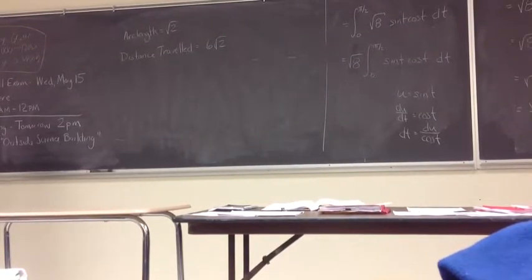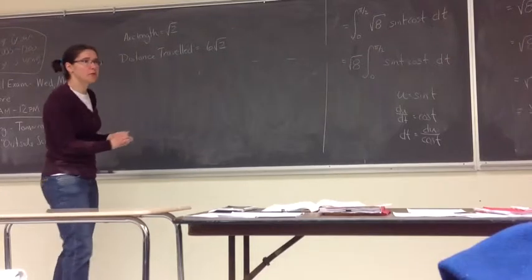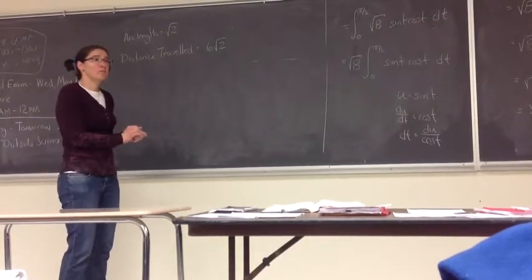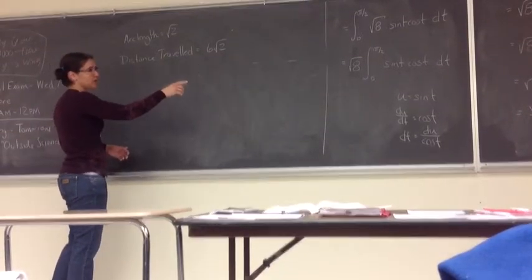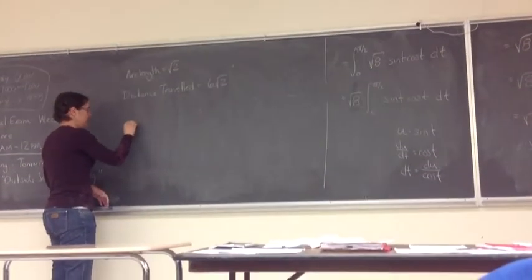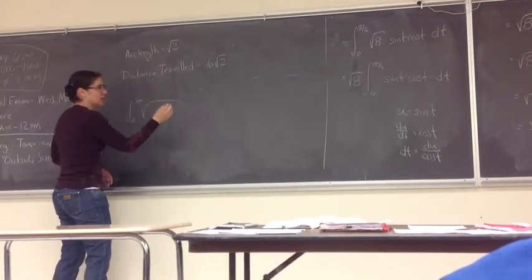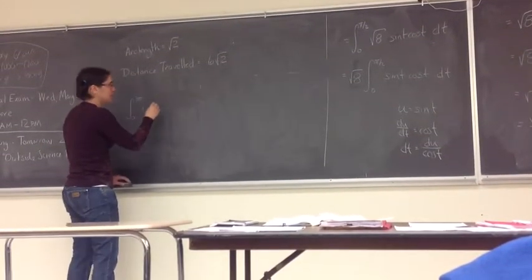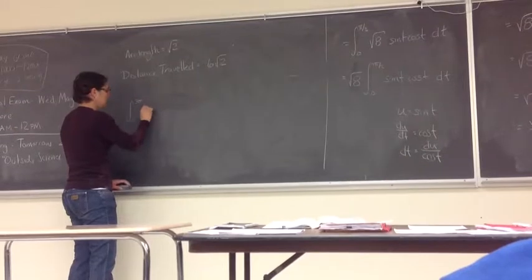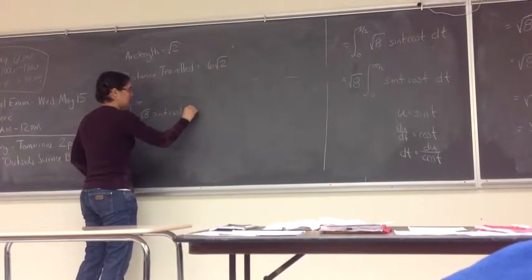Okay? So would you get a different answer if your integral went from 0 to 3 pi? So if we went from 0 to 3 pi, isn't that the initial range for t? So if we took our initial range for t, then the integral from 0 to 3 pi of the square root of all that stuff, which turns into, if we simplify it down, the integral from 0 to 3 pi of square root of 8 times sine of t times cosine of t dt.